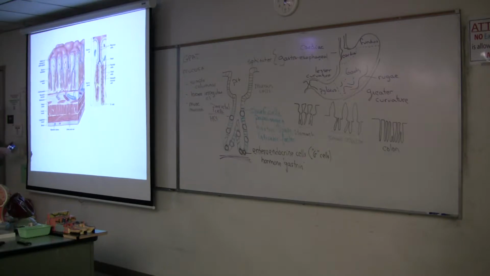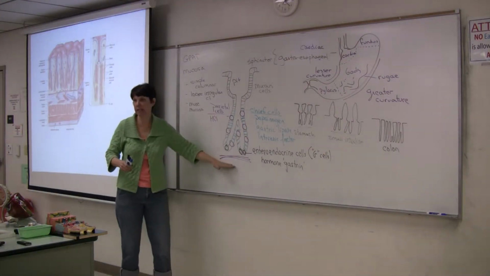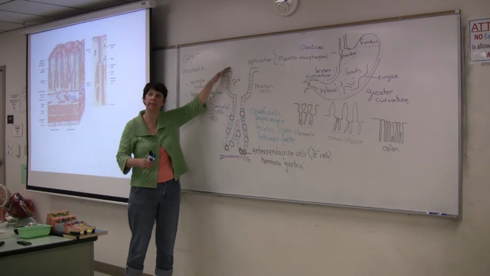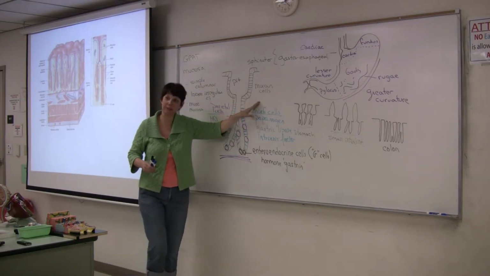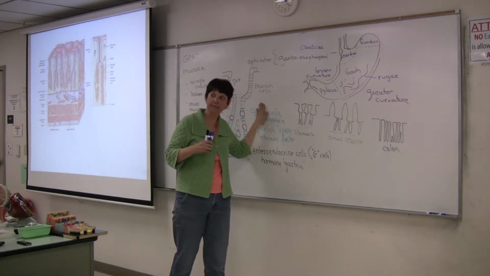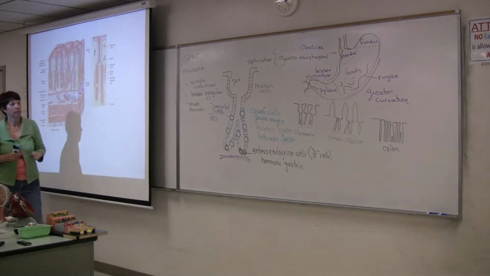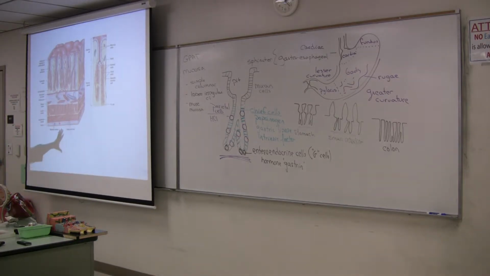So the mucosa is the layer that goes from muscularis mucosa all the way to the lumen. The mucus cells are part of the mucosal epithelium and they're secreting mucus, okay? So can I erase the diagram for mucosa? All right?